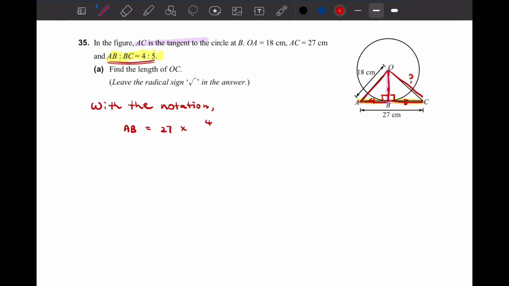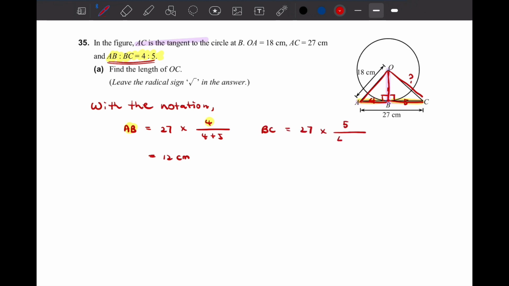Because we know that the total length of AC is 27, and then with the ratio 4 to 5, if we're finding AB, we have to use the ratio of 4 over the total ratio, and in this case it's 12 cm.